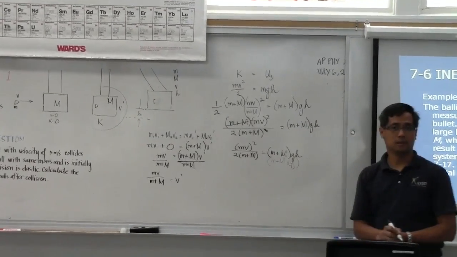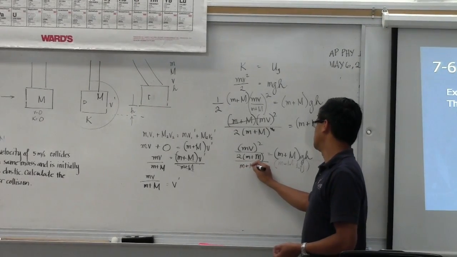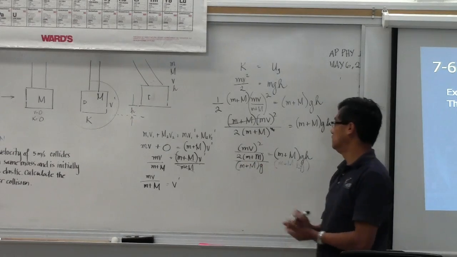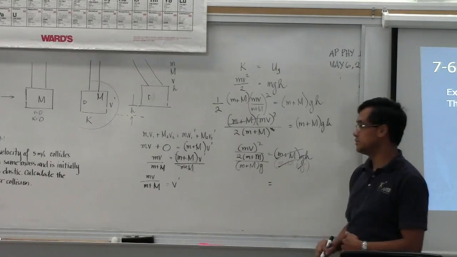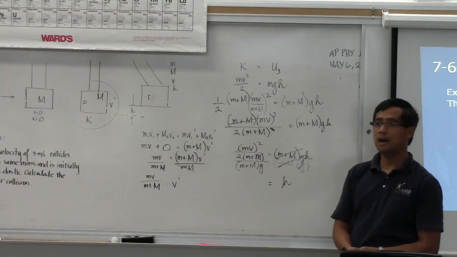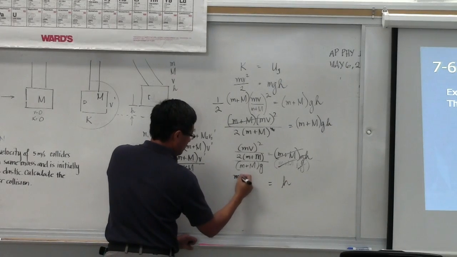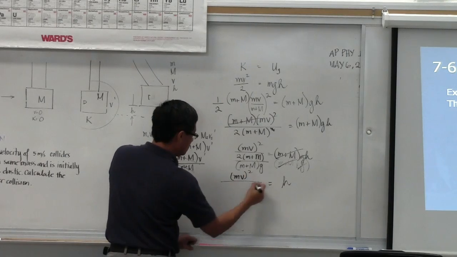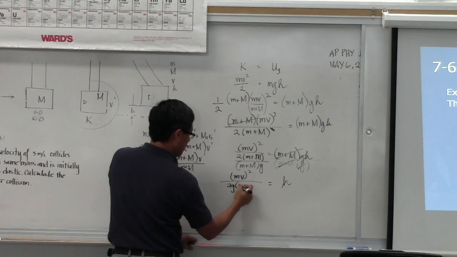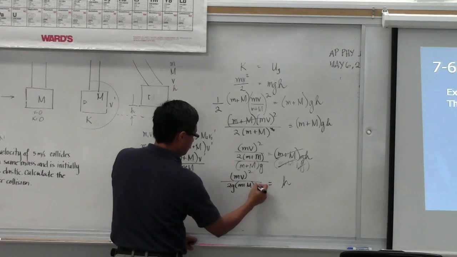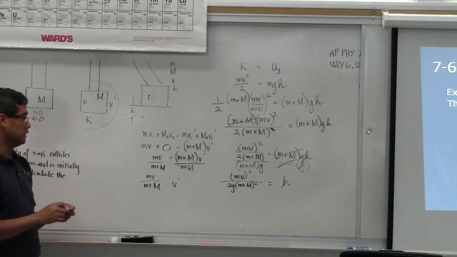So what will we do to this side? Divide by m plus big M over g. That cancels and the g cancels out. H now would be equal to mv squared over 2g times (m plus M) squared. That's how it will look if you're trying to isolate H.